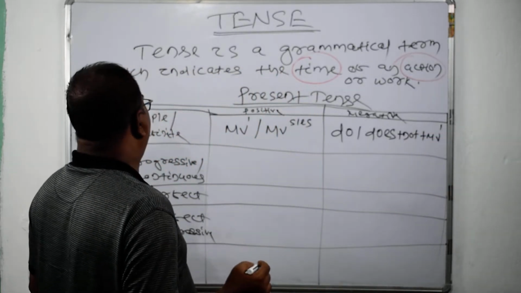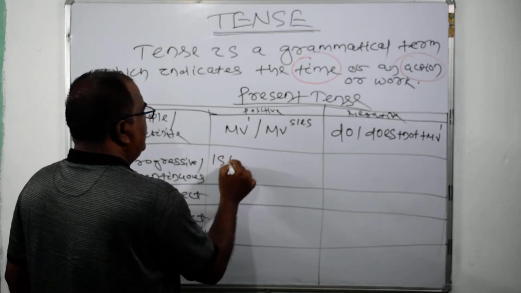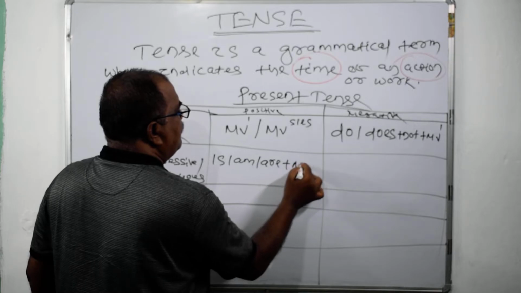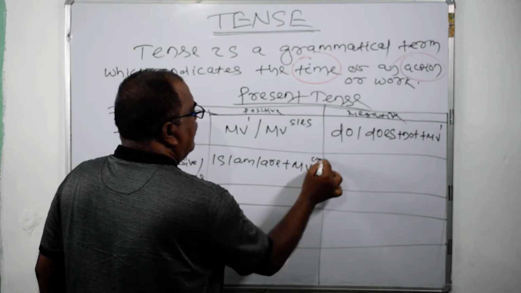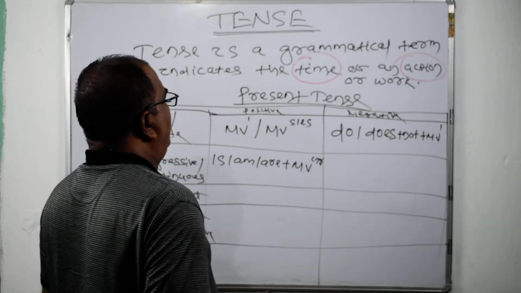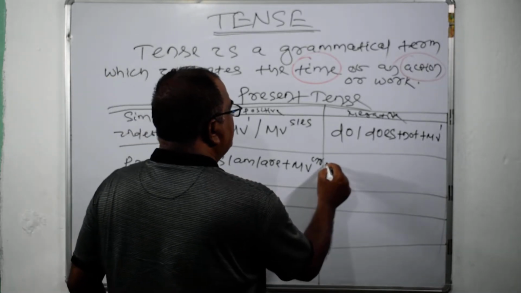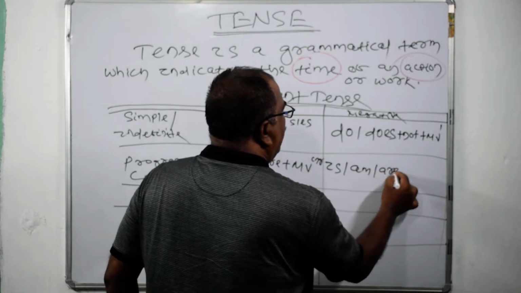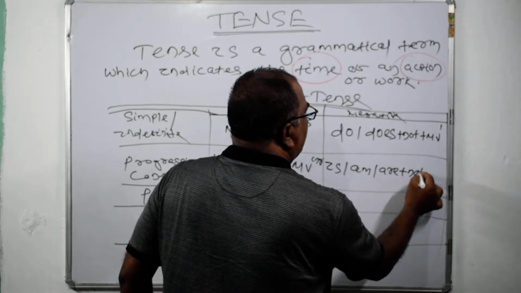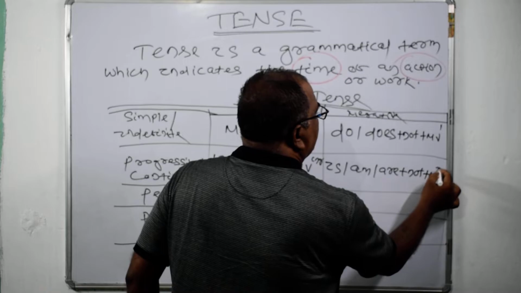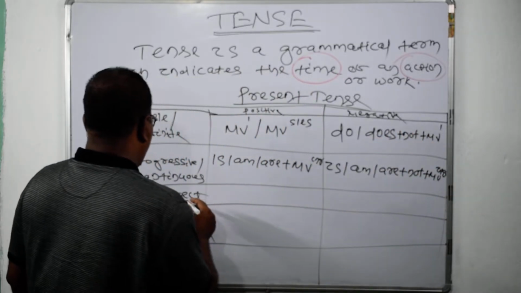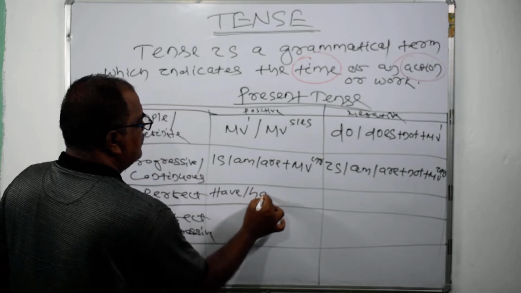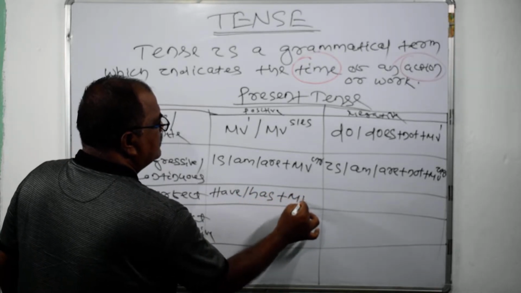What is the verb form of present progressive? Is, am, are plus MV, the main verb's ing form. Its negative is is, am, are plus not plus MV ing. Perfect: have or has plus MV3.